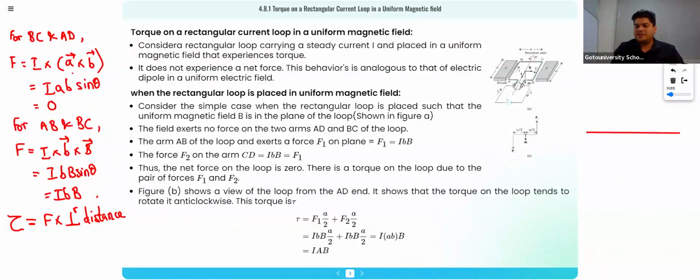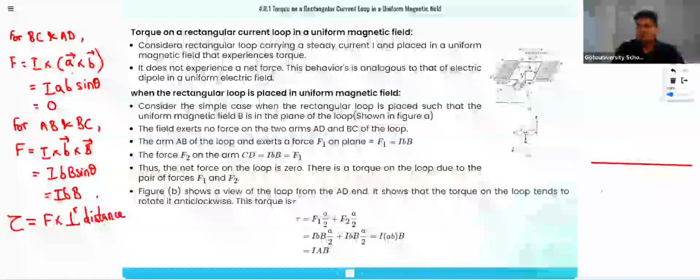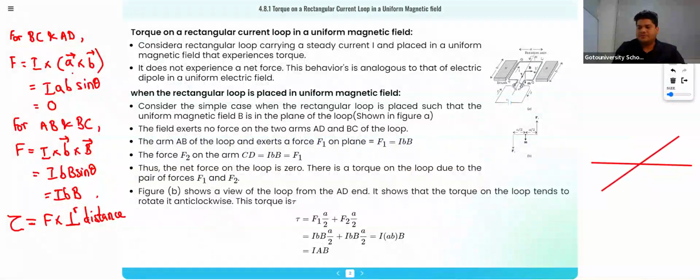After some time, our loop got shifted here. First it was here, after some time it moved somewhere here. The angle between them was 90 minus theta.